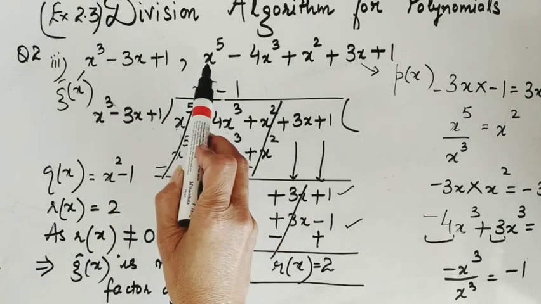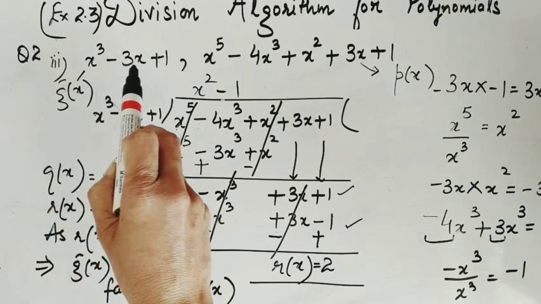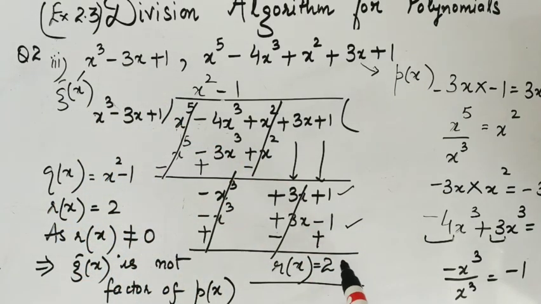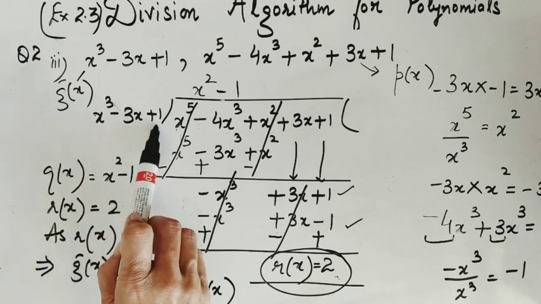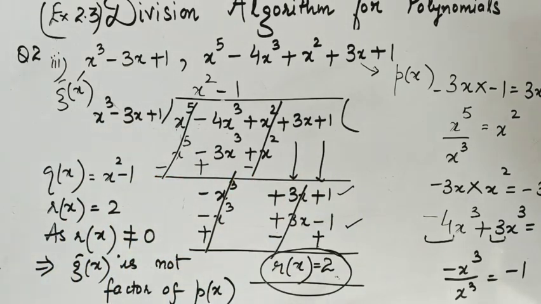So we divided this by x cube minus 3x plus 1, and because this remainder is not 0, that's why it's not a factor of the given polynomial.